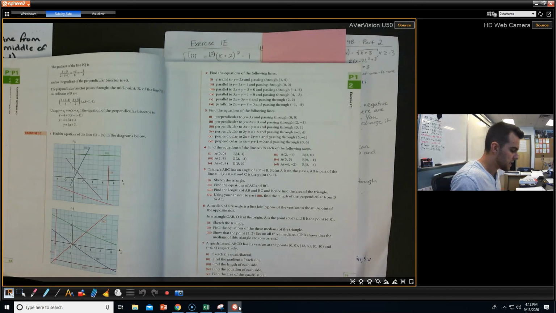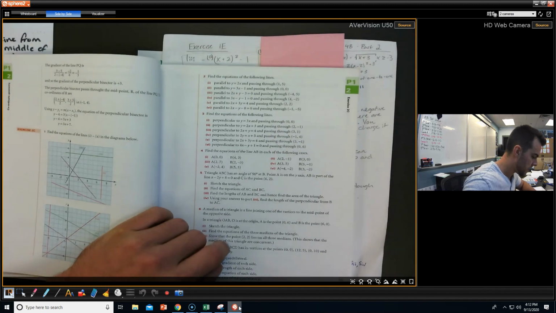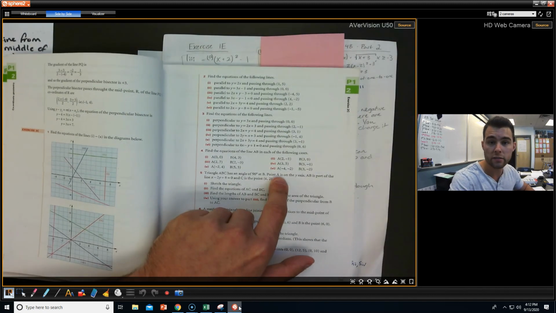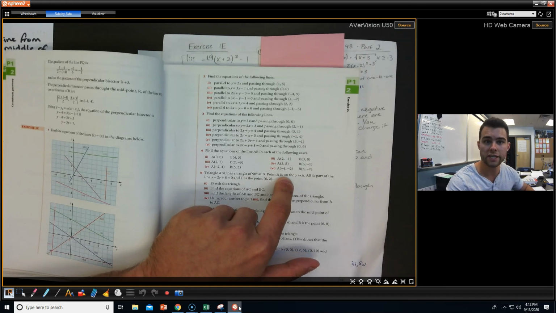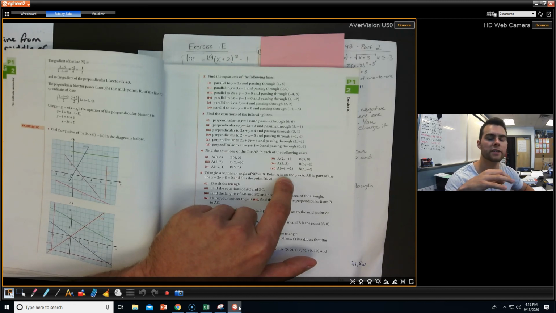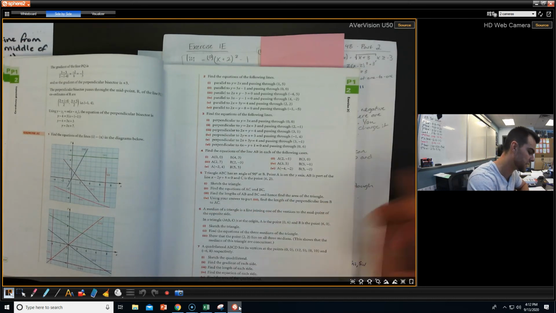So to help you get going on it, we know that point A is on the y-axis, right? So because point A is on the y-axis, we know it's going to have coordinates (0, y). The x coordinate is going to be 0. We know that because it's on the y-axis, okay?